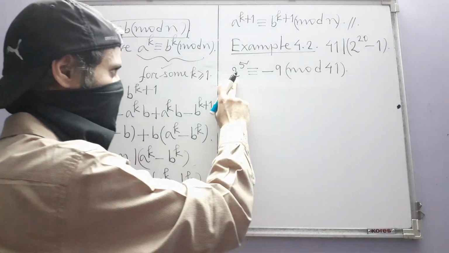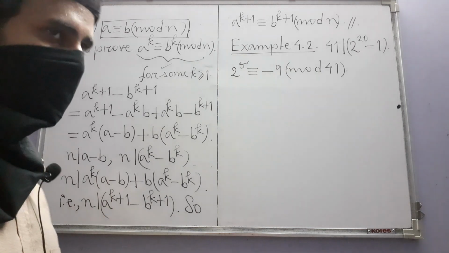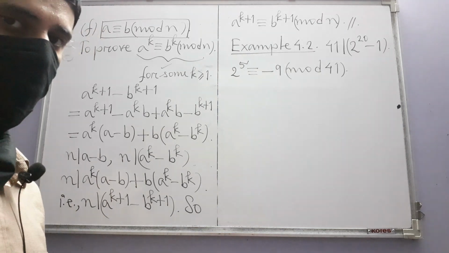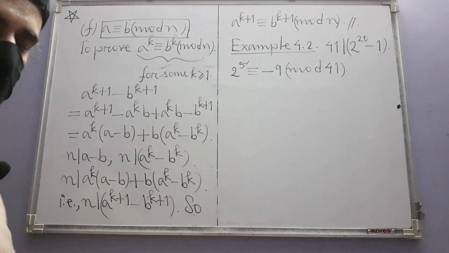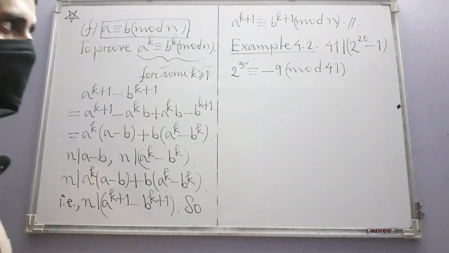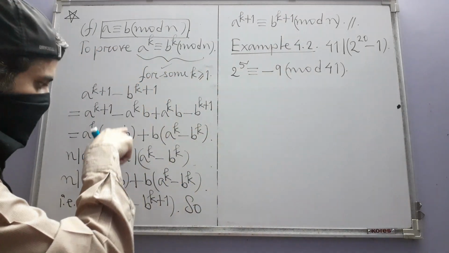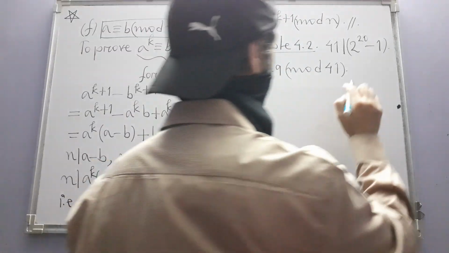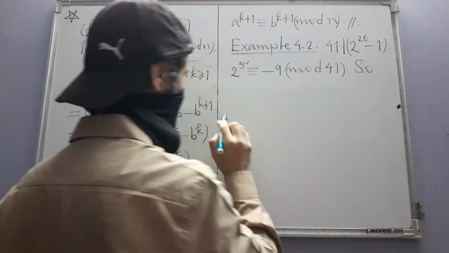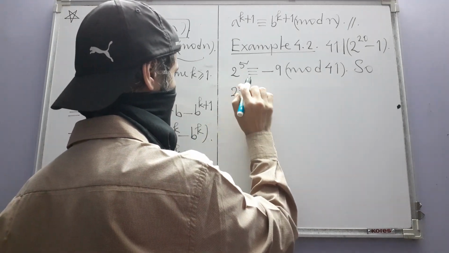Why though? This is just 32, and the difference between 32 and minus 9 is 32 plus 9, which is actually 41, and 41 is divisible by 41, so we have this congruence. Then by applying part f, which we have proved just now, we can raise both the sides to the fourth power.